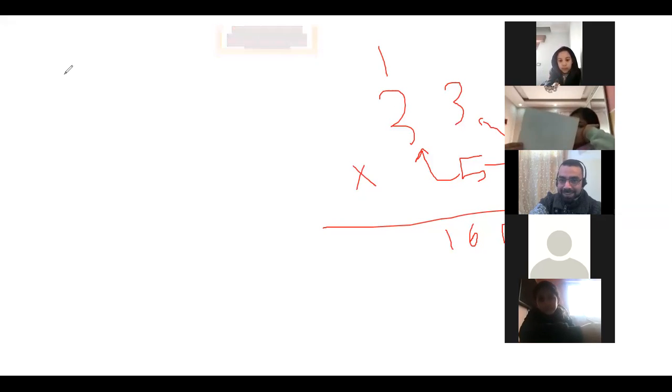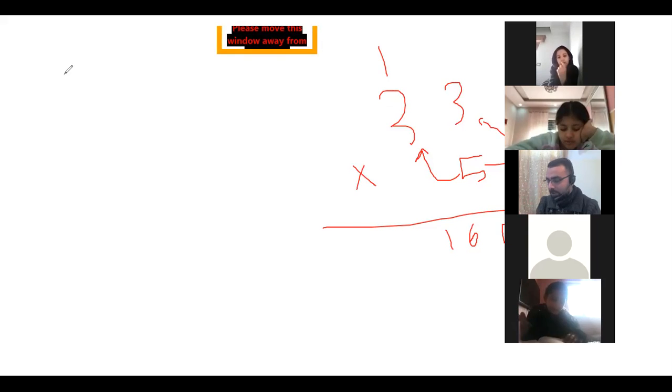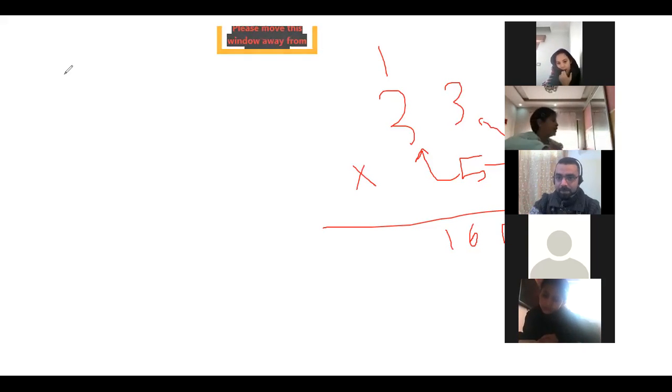First we subtract, then add. You mean will I bring adding and subtracting at the same time in the same question? No, either addition or subtraction. Okay?